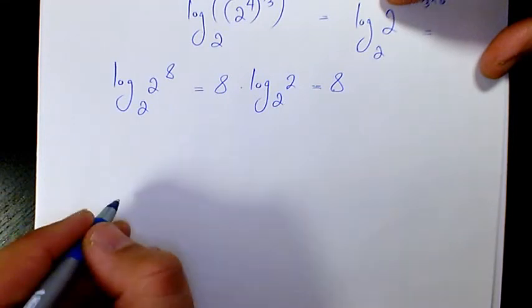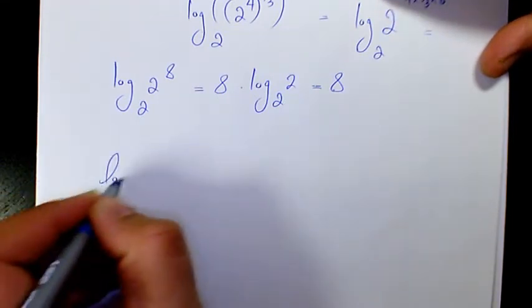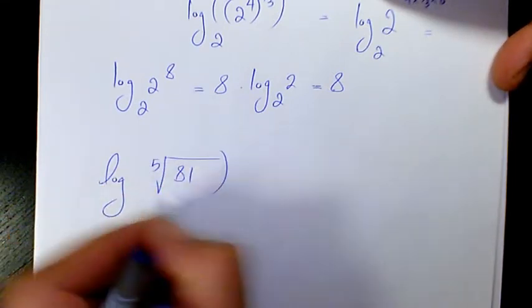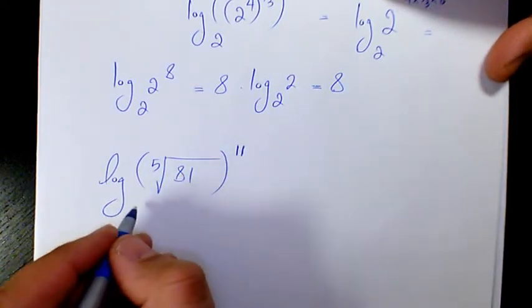Next example. Log 5th root of 81 to the power of 11 base 3.